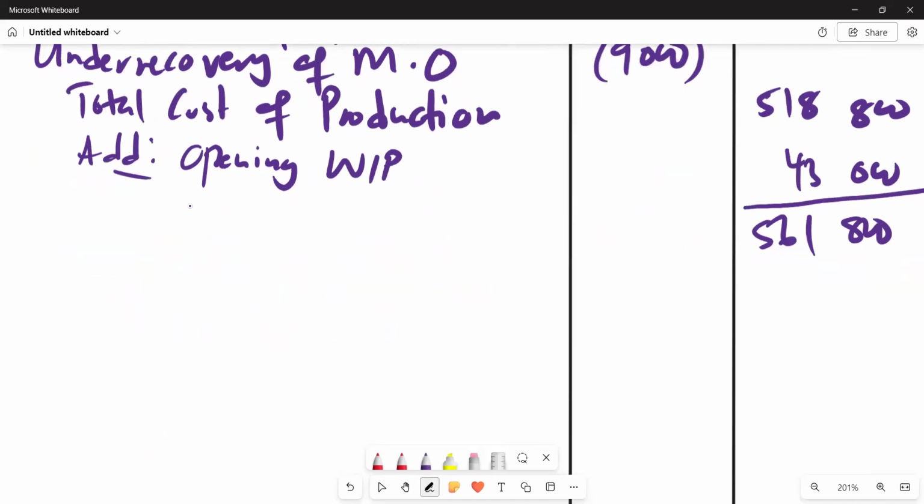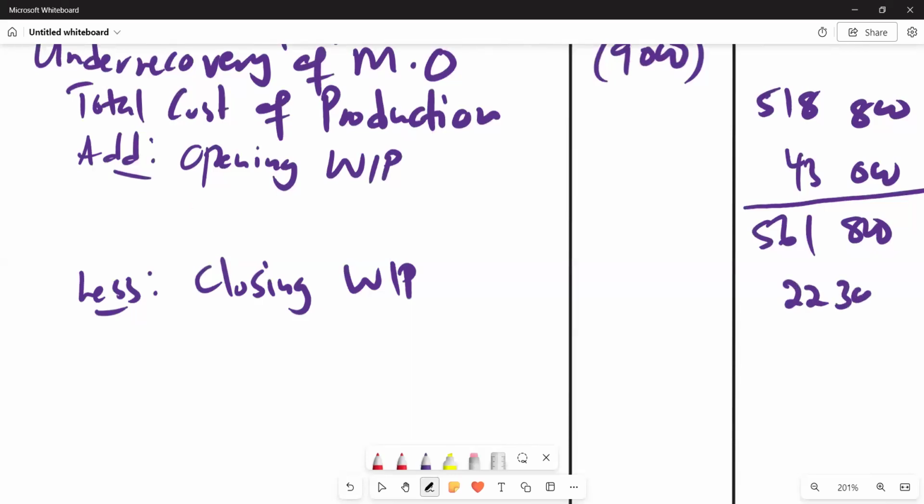You are now subtracting closing. Less closing work in process. And then the answer that we are going to get is 22,300. Then you subtract there, and then you get your answer, which is going to be 539,500.